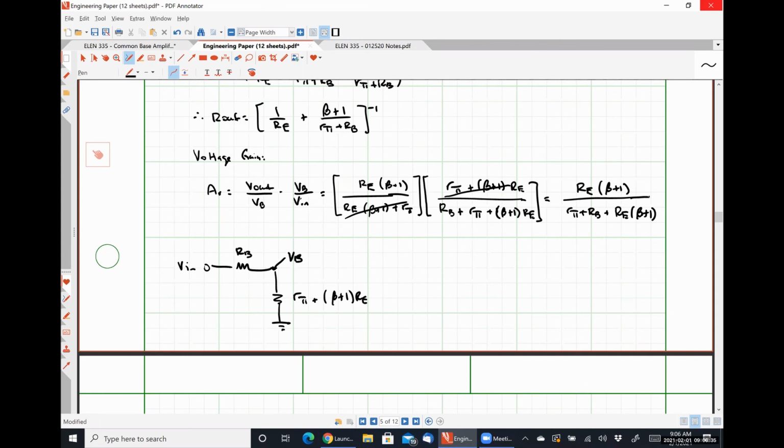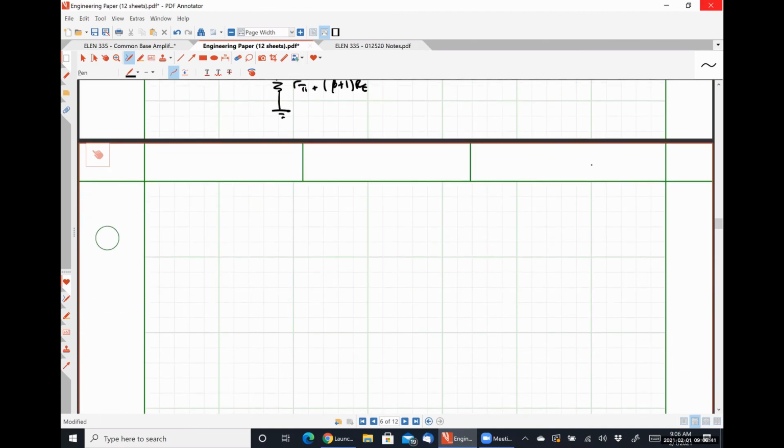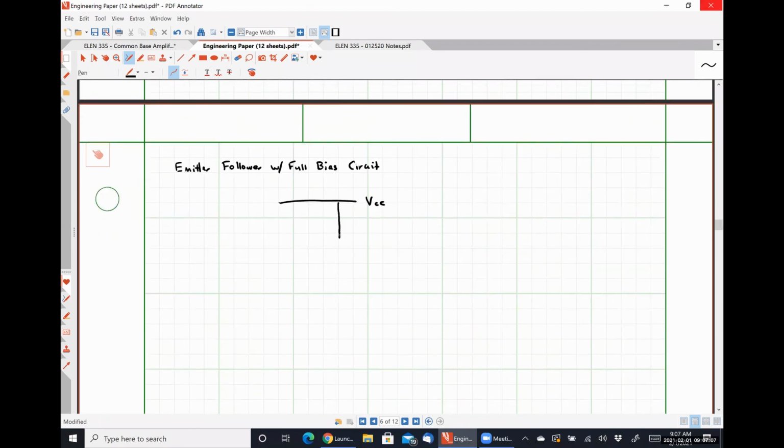All right, so our last thing to look at then is our emitter follower with a full bias circuit. So that's going to look something like this. Here's R1.